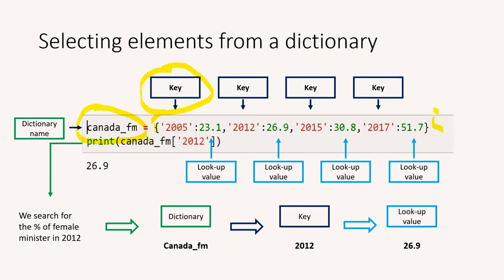So we always have the dictionary name or dictionary variable where we store everything, and attached to it is always key, value, key, value. If we want to search or call for something, we first call our dictionary, then we open the key with square brackets, and the output that we get is always our lookup value.